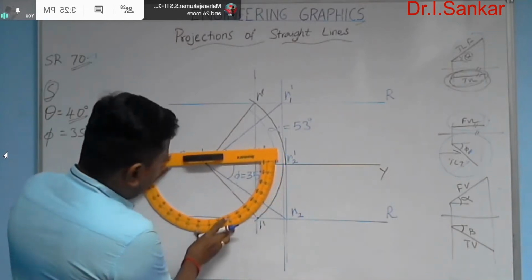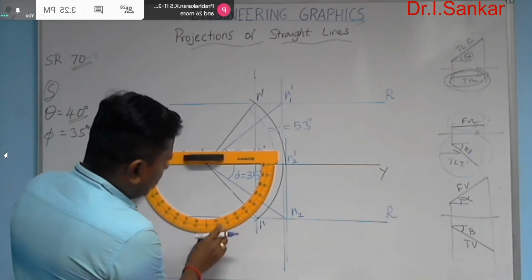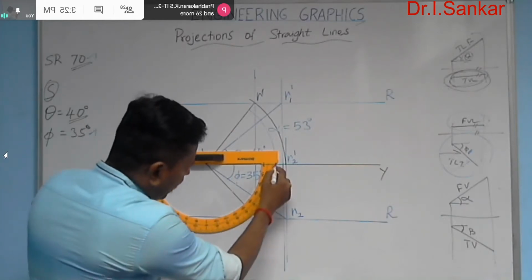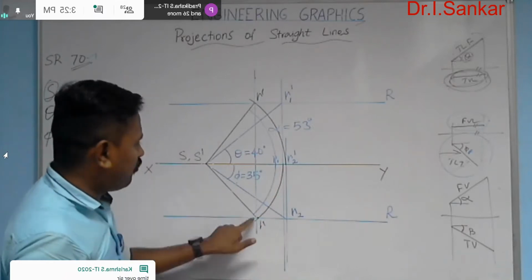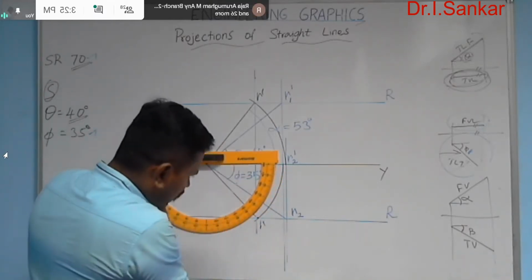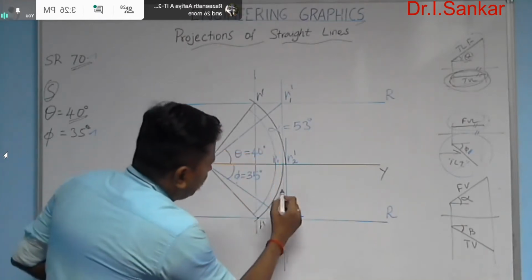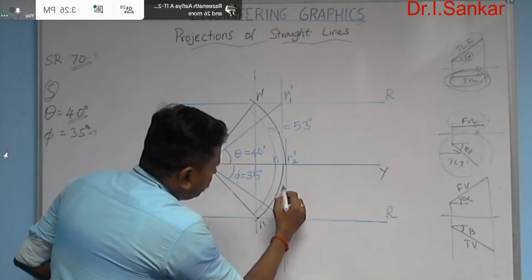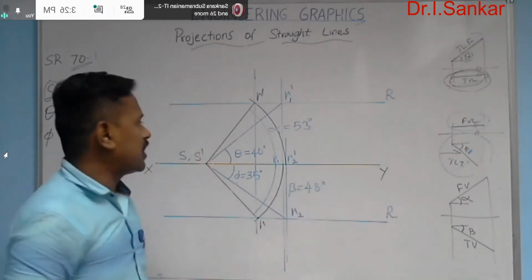Alpha is nothing but angle of inclination between the front view and the XY line. And the angle beta is nothing but angle of inclination between the top view and the XY line. It is actually 48 degree for me. I just measured and marked.